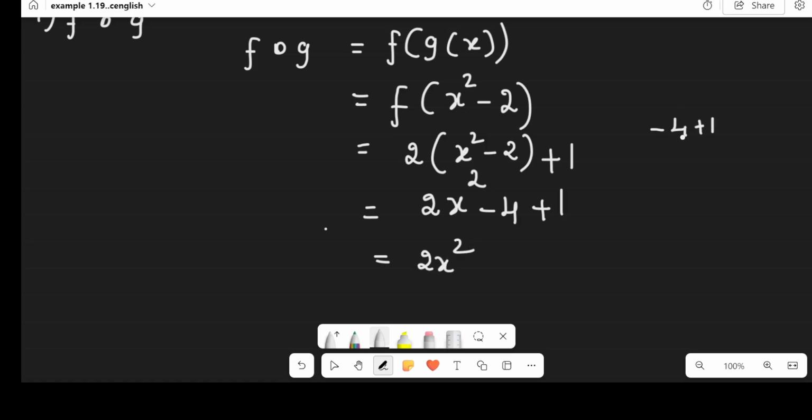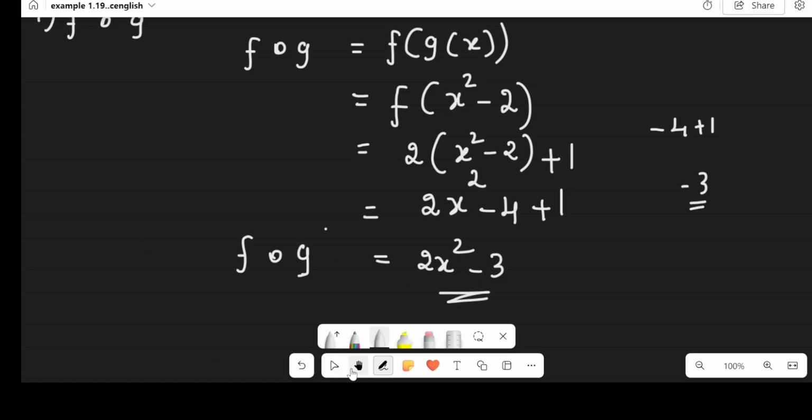This is negative, this is positive, so we subtract the small number from the big number and put the sign of the big number. So 4 minus 1 is 3, big number sign is minus, so minus 3. The answer is 2x square minus 3. This is f of g. This is very simple, right?